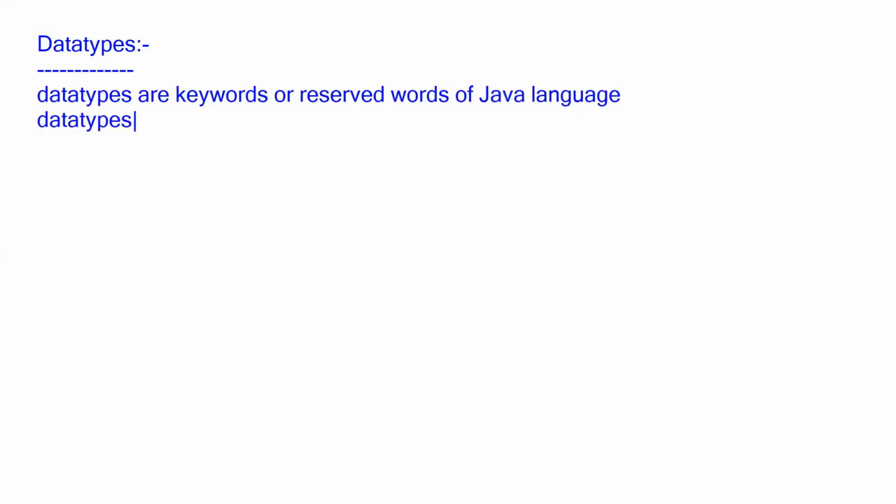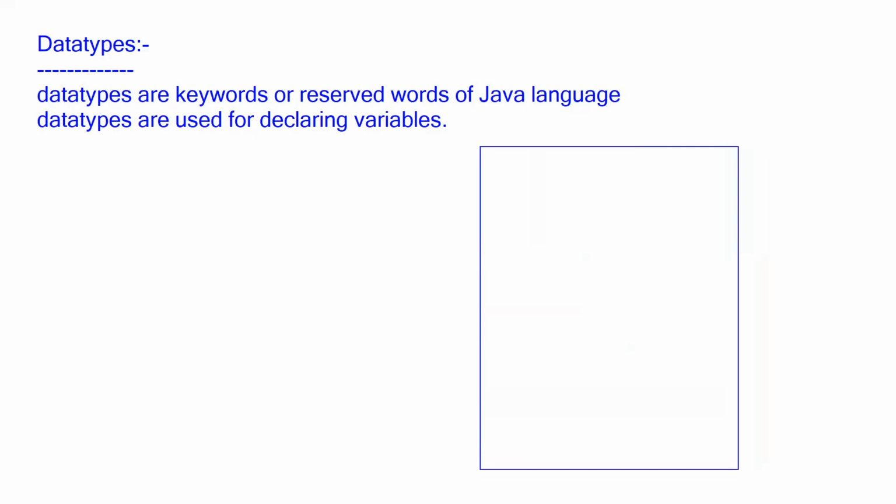So data types are used for declaring variables. What are variables? We're going to see later. But we have to understand one thing here. Whenever you are writing a program, this program may need to accept different types of data as input.